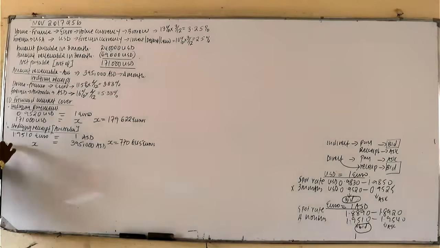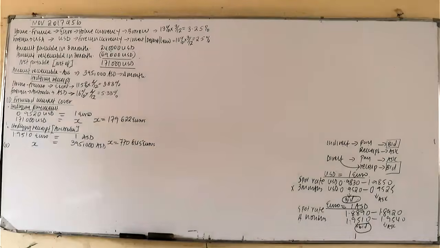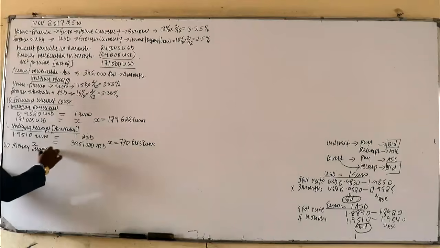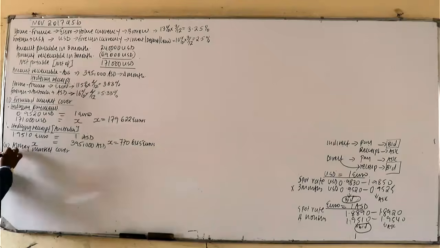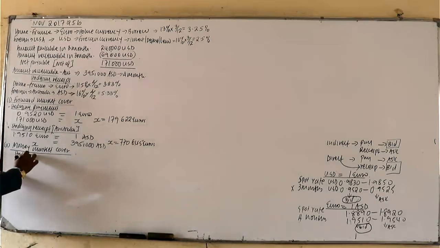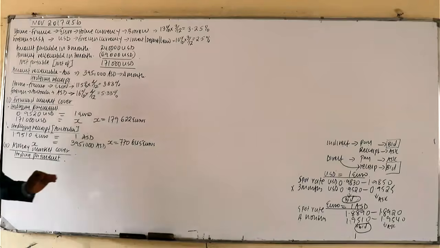Then number 2, based on the question, we have to use money market cover, or money market hedge. For the money market hedge, let's start with the easier one, hedging payments. Can you pay attention here, because this is where most of the students get lost.